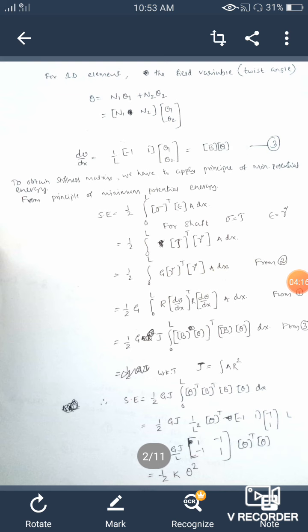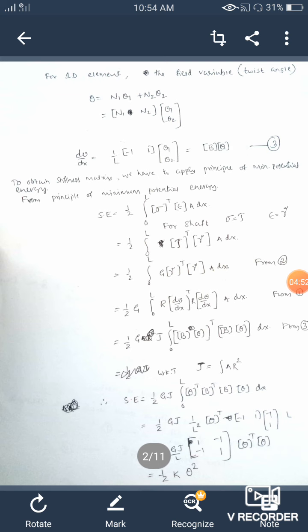Notations are different, but they are stress and strain only. Integrating between the limits 0 to L, which is the length, we ultimately get 1 by 2 G J integral from 0 to L of B theta transpose B theta dx. That is equation number 3.